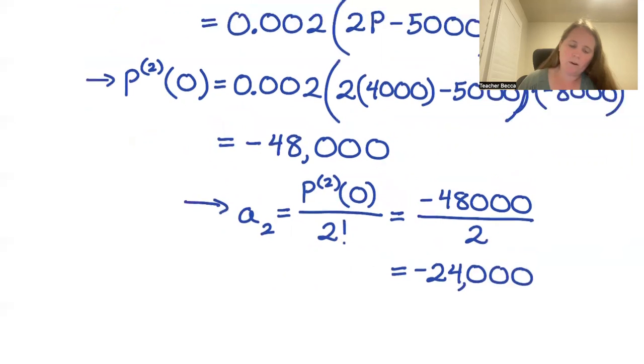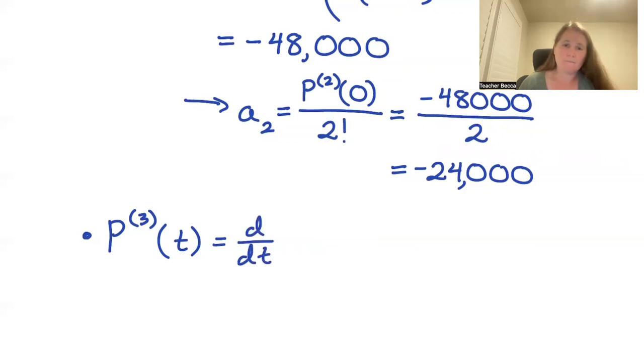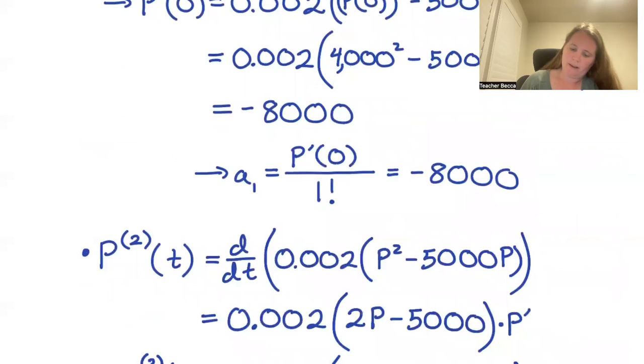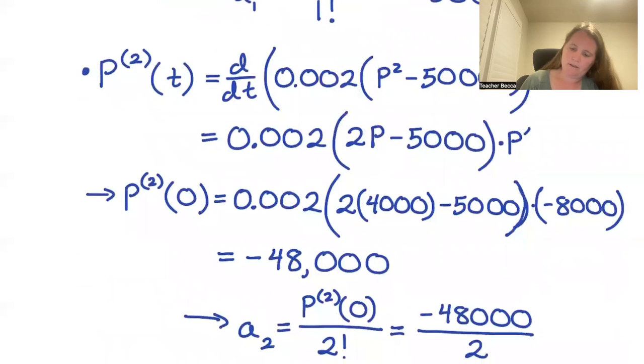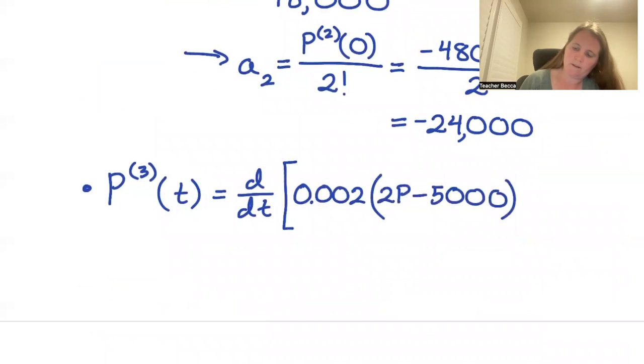Again, we need to go one more to find our third degree Maclaurin polynomial. We need the third derivative of p. That's just going to be the derivative of our second derivative. So that's the derivative with respect to t of 0.002 times 2p minus 5,000 times p prime.